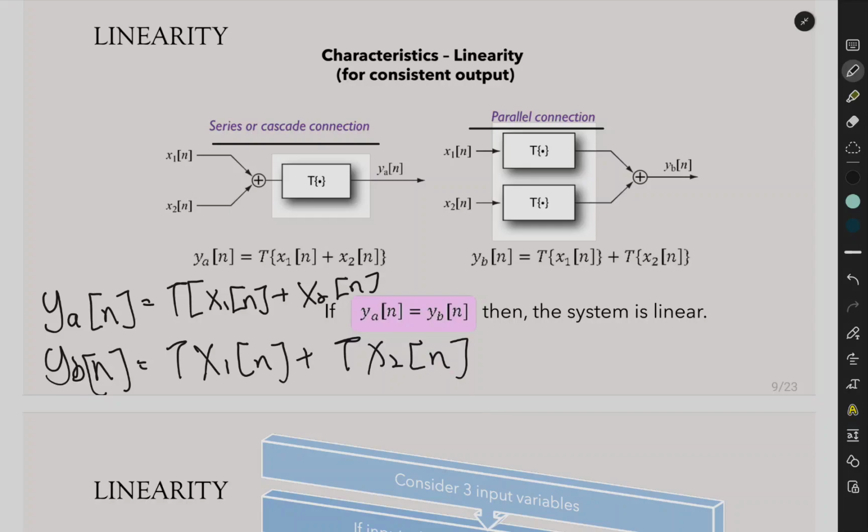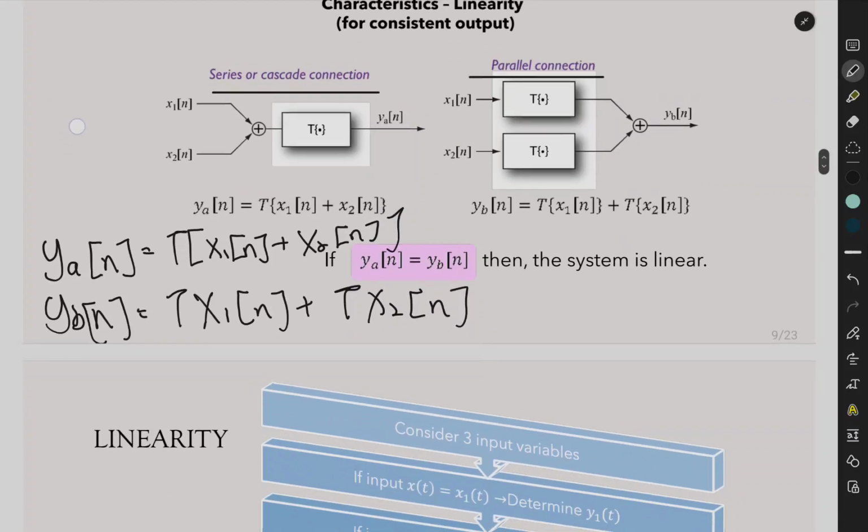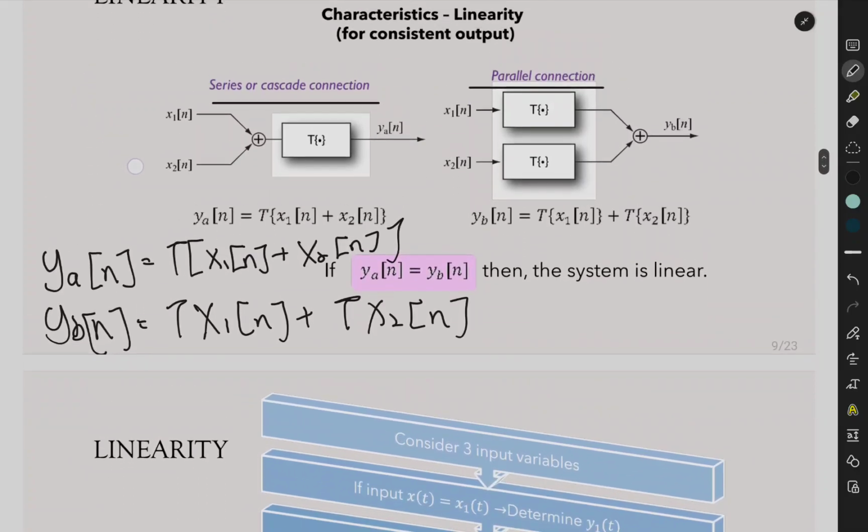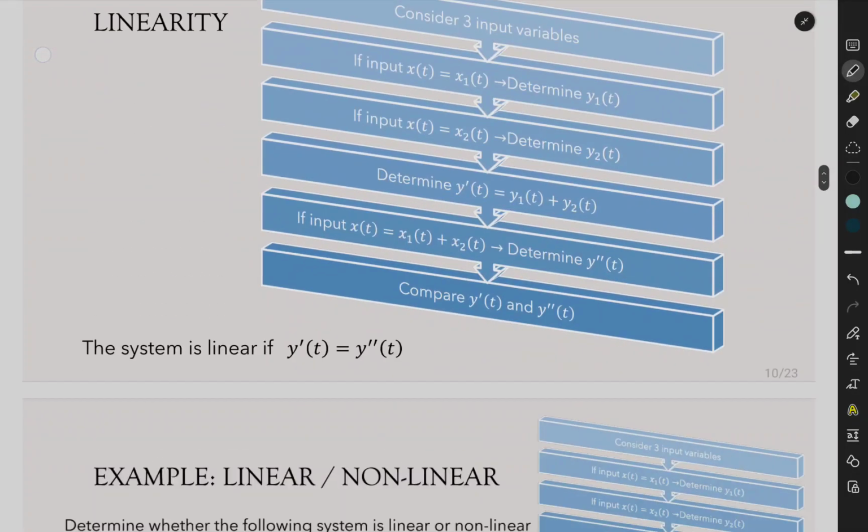In this example, the output is the same. Therefore, this system is considered a linear system.